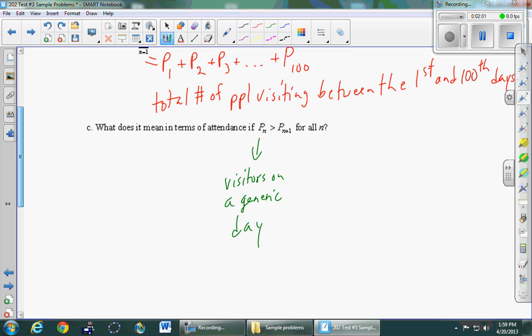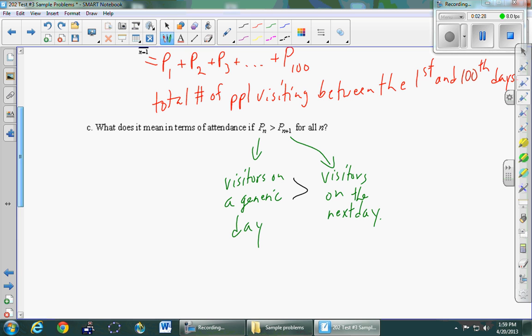And according to this inequality, that's greater than this, which is the number of visitors on, and then what day are we talking about? If n is the generic day, then n plus 1 is the next day. So what that means is that the number of people on any given day is greater than the number of people coming the next day, number of people coming tomorrow.